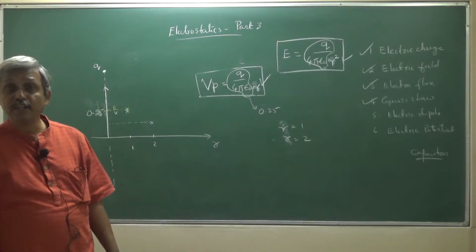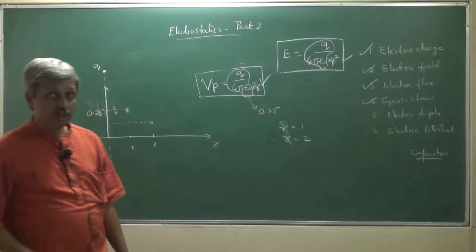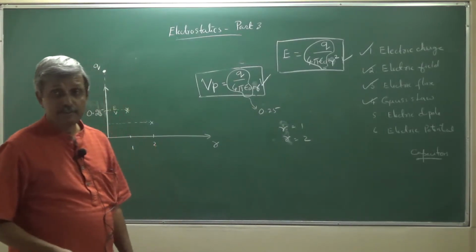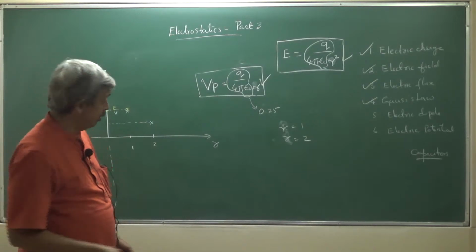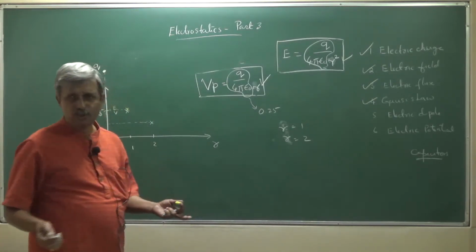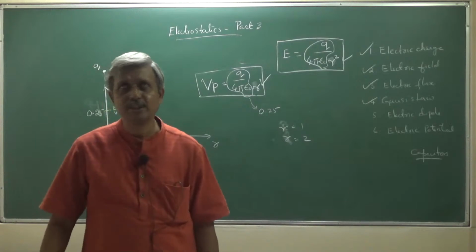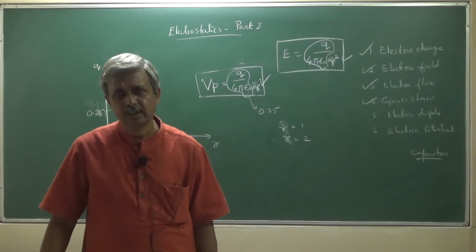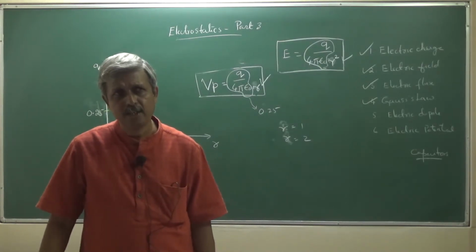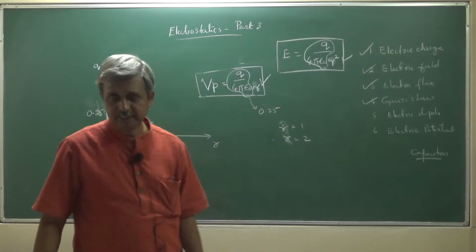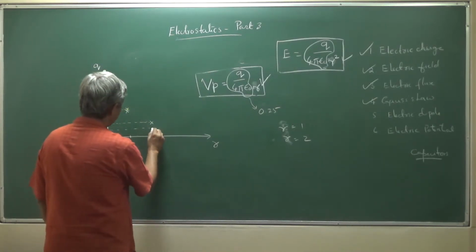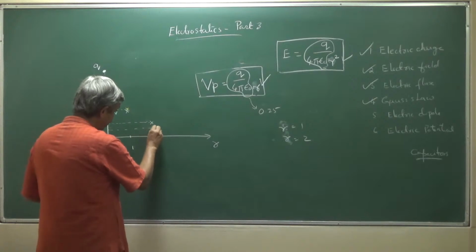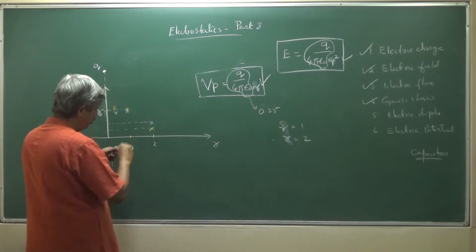So 0.25 divided by 4 is 0.0625. Correct? So this is 0.125 divided by 2, 12.5, 6.25. Correct? Okay. 0.0625. So the value of this one is E.